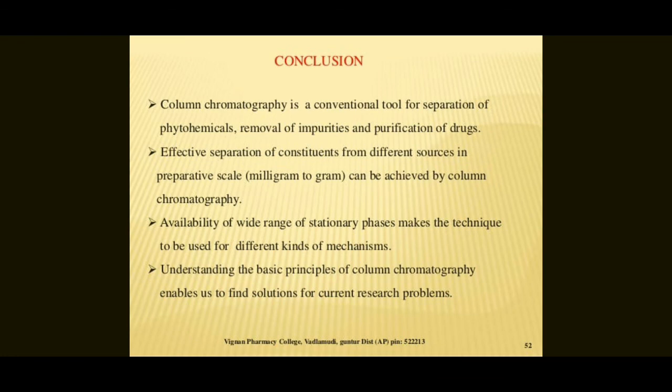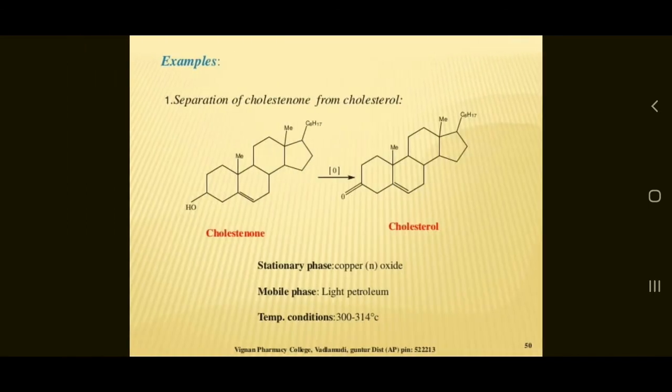So that can be achieved by column chromatography, and the availability of a wide range of stationary phases makes the technique usable for different kinds of mechanisms. So it leads to an understanding of the basic principle of column chromatography and enables us to find solutions for current research problems. Okay students, thank you.